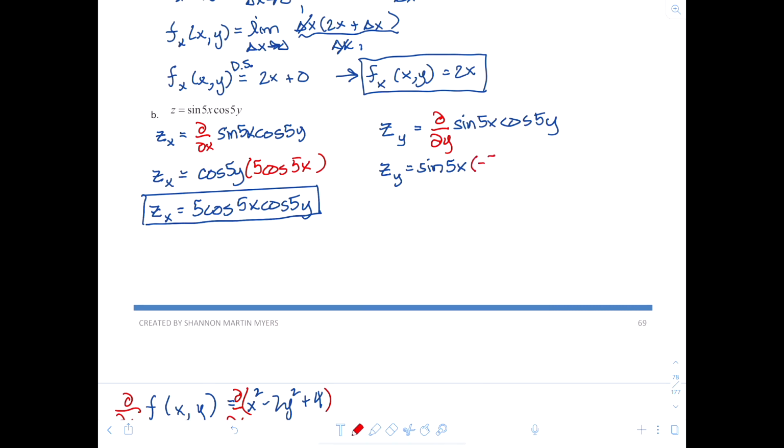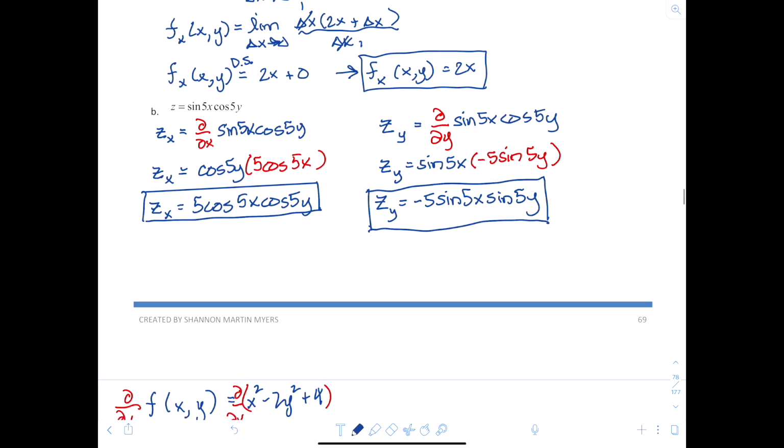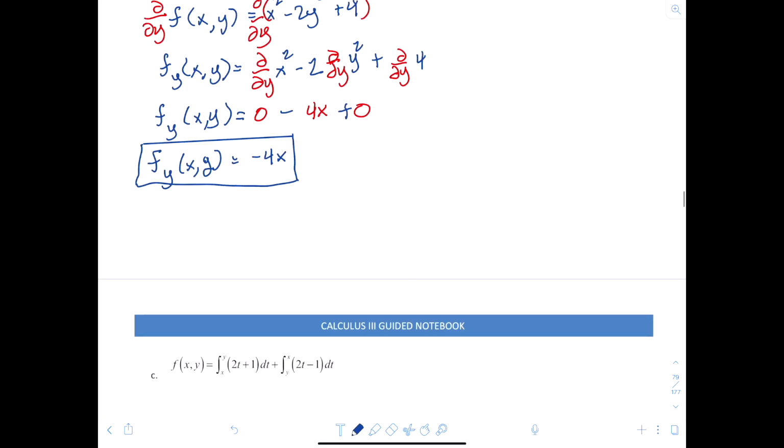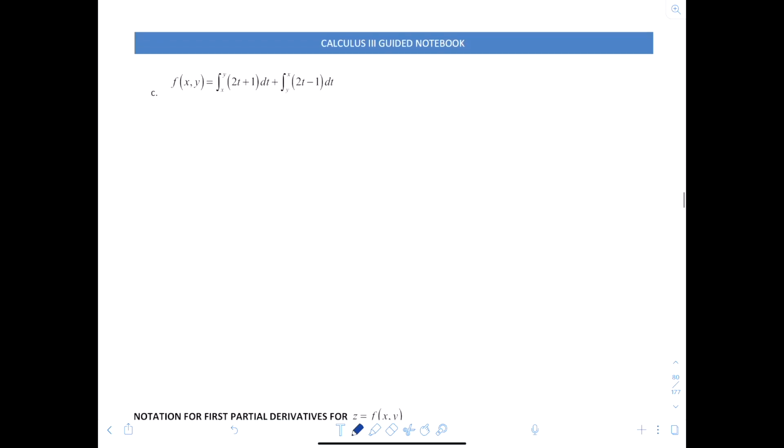Beautiful. I'll get negative 5 sine of 5y. So, cleaning it up, we'll have zy is equal to negative 5 times sine of 5x times sine of 5y. Cool, cool? All right. So, moving right along, we will have part C.